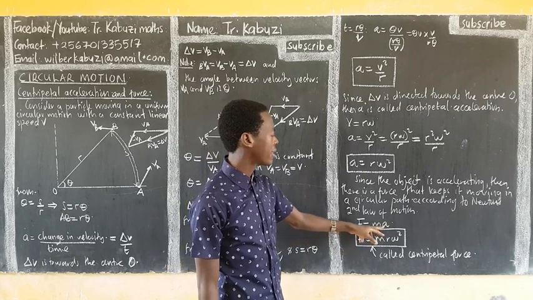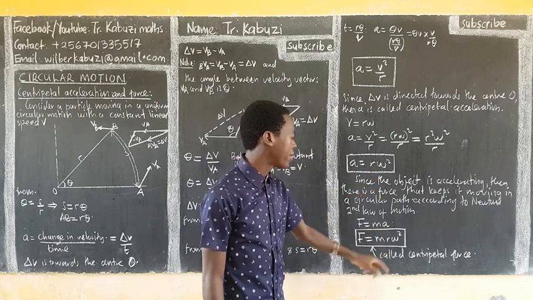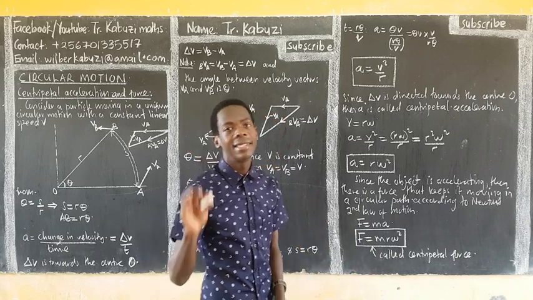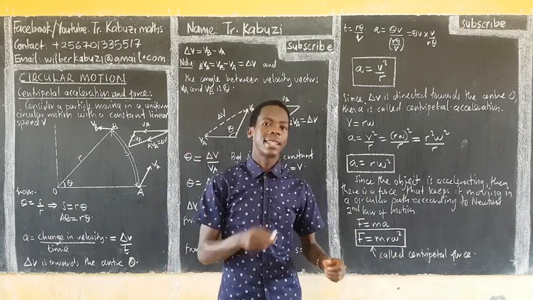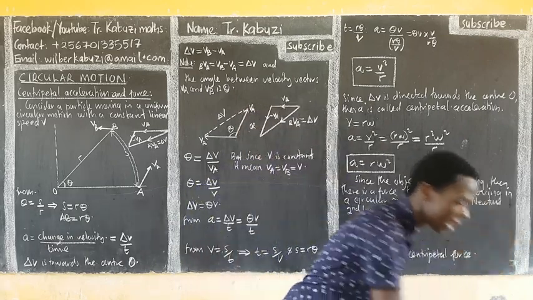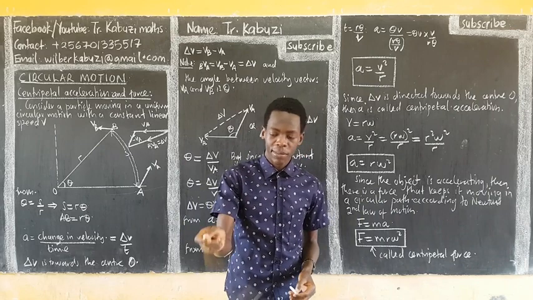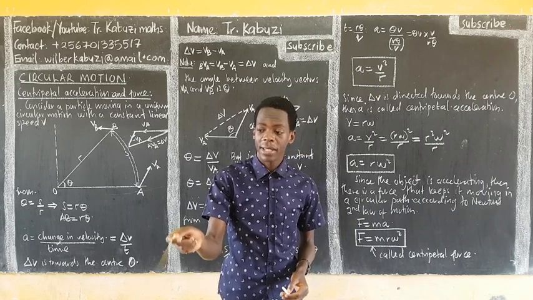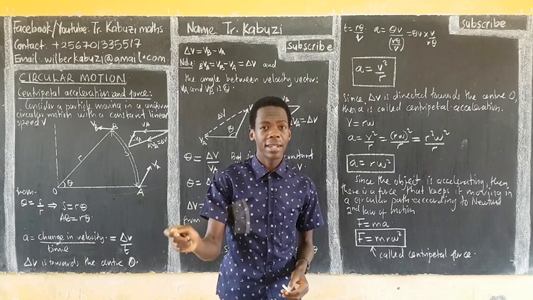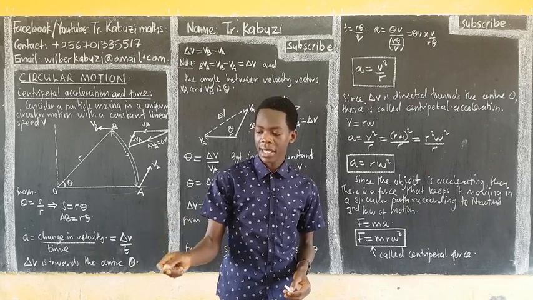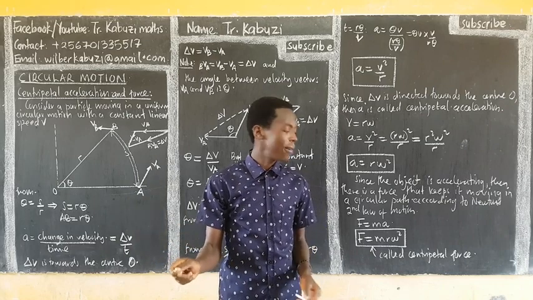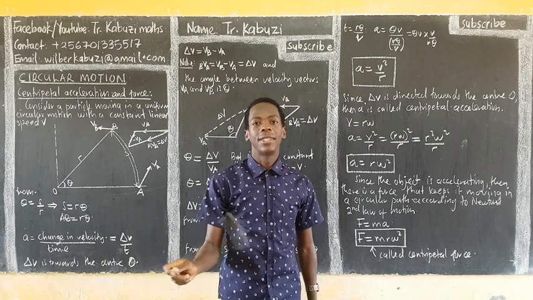So we have our acceleration now from here, and put it there, and see that this one is what we call the centripetal force that is keeping that object in that circular motion. The object is moving at a uniform speed, but it is accelerating. So that force that is keeping it in that motion is what we call the centripetal force, as we've seen there.